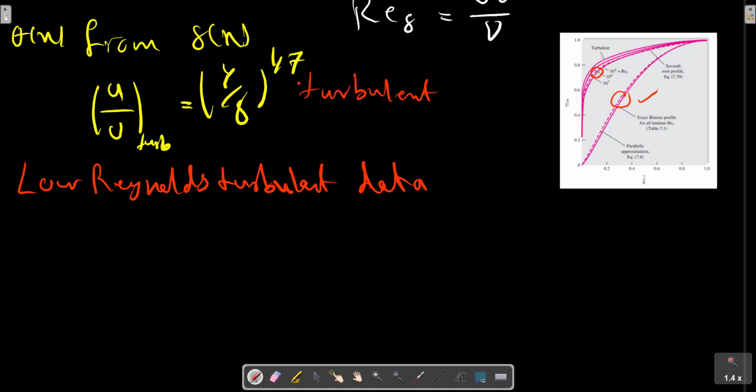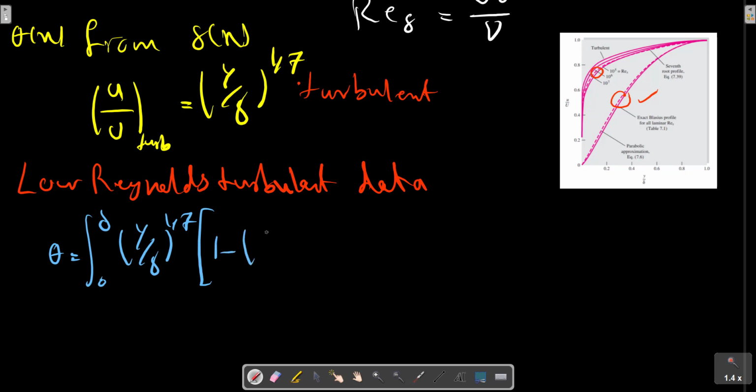With this simple approximation, the momentum thickness can be easily evaluated as this relation with integration.